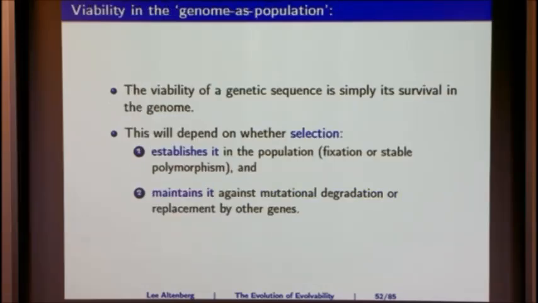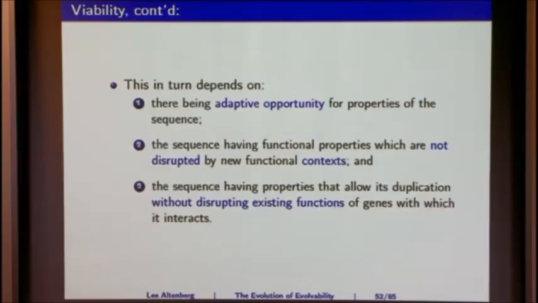It depends on whether selection establishes and maintains it, and this in turn depends on the adaptive opportunity and the sequence having functional properties which are not disrupted by new functional contexts, and also having properties that allow its duplication without disrupting existing functions of genes with which it interacts.